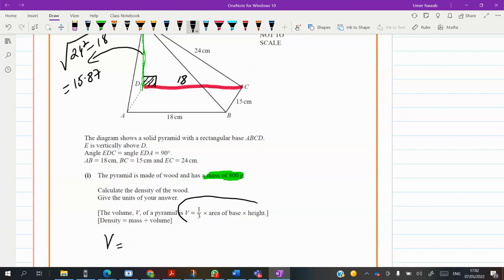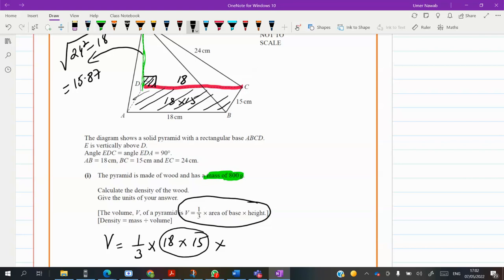The volume of the pyramid will be given by the examiner 1 over 3 times the base area. The base area is 18 times 15, length into width, because it is a rectangle. Now what is the height? I have just calculated in front of you, which is 15.87.